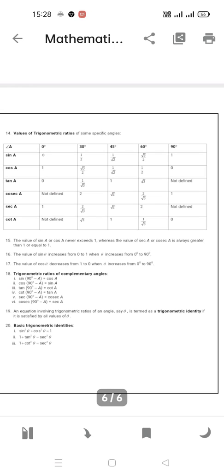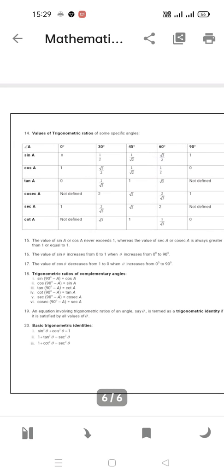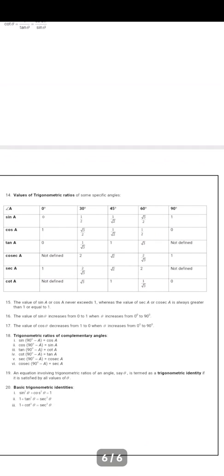15th postulate: the value of sine A or cos A never exceeds 1, whereas the value of sec A or cosec A is always greater than or equal to 1. Means the value of sine A and cos A is not more than 1. As you can see here, it is not greater than 1; there is no value beyond 1, isn't it?